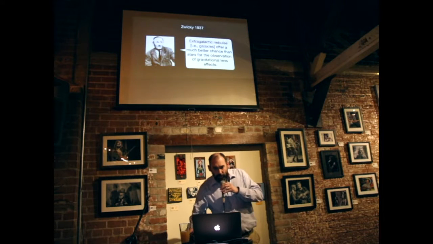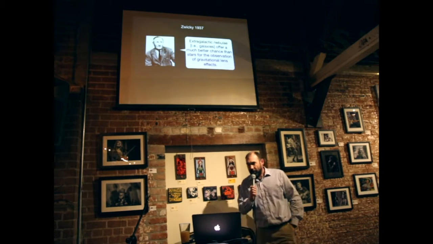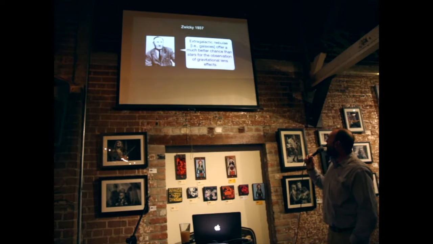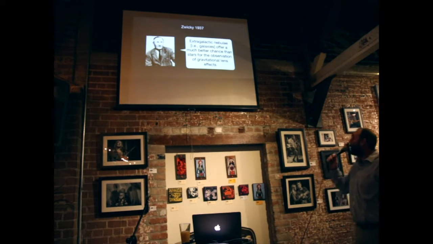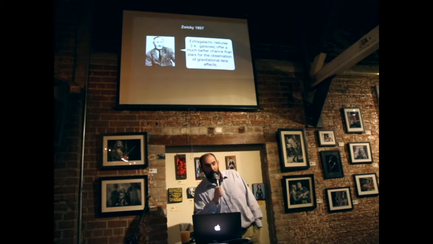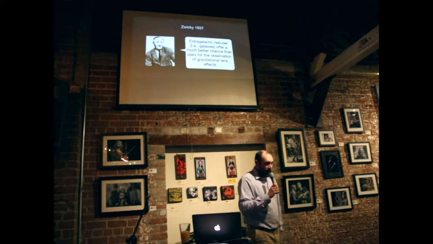Actually, about 1 year later, Fritz Zwicky published another paper where he said, well, stars, that's one thing, but if you consider galaxies, or what they used to call extragalactic nebulae, they offer a much better chance than stars for observing this gravitational lens effect.